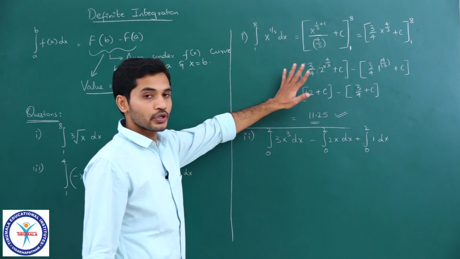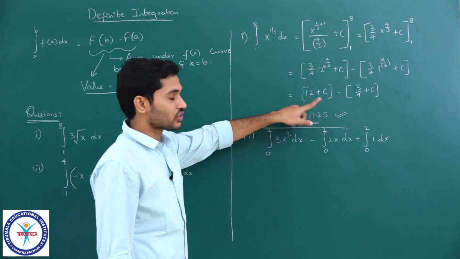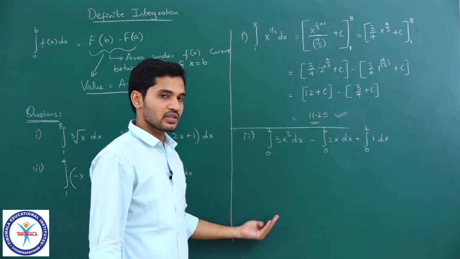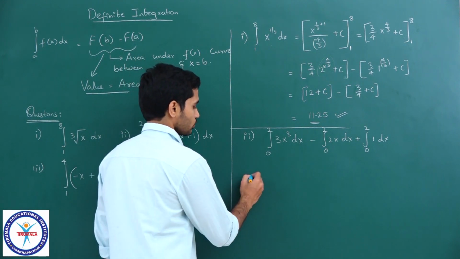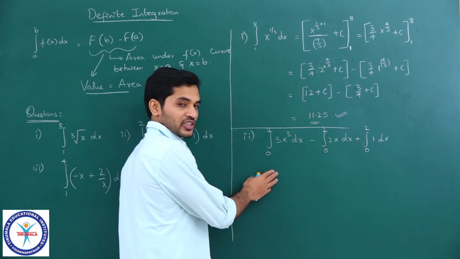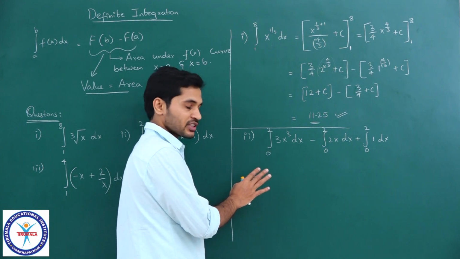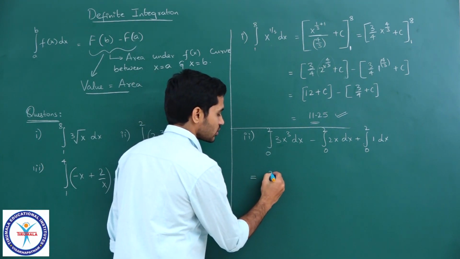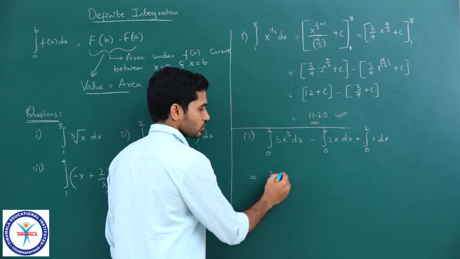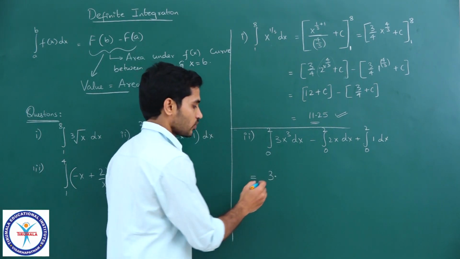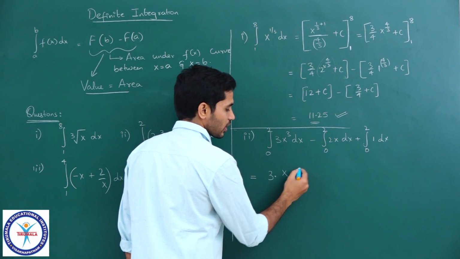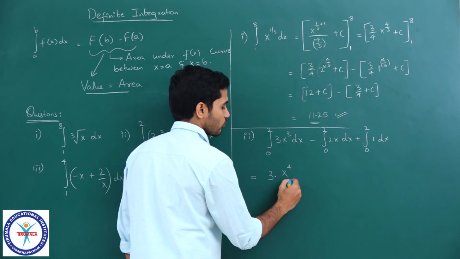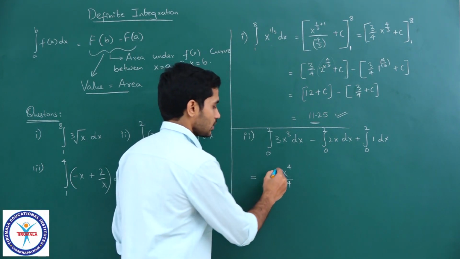So, as I told you, I am not going to write the constant of integration now, because I know that eventually they will get cancelled out. So, I will skip one step because we have done enough questions by now. You know that 3 can be brought out and we can integrate this. So, I am skipping that step. So 3 into integration of x cube is x power 3 plus 1 by 3 plus 1, which is x power 4 by 4, right. Okay.